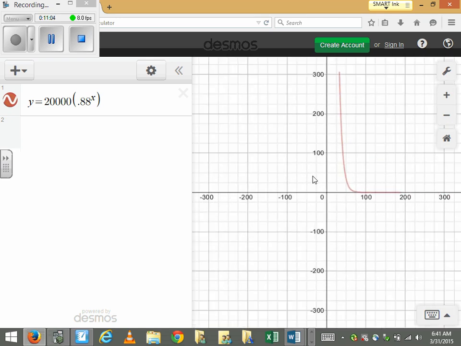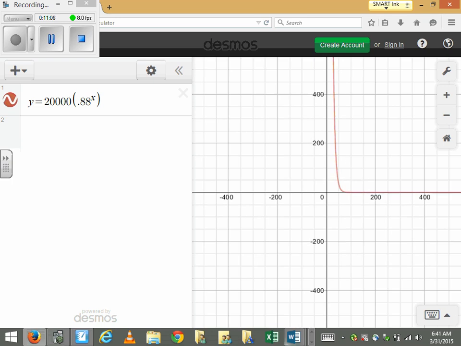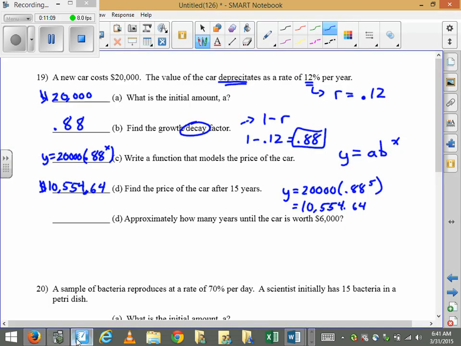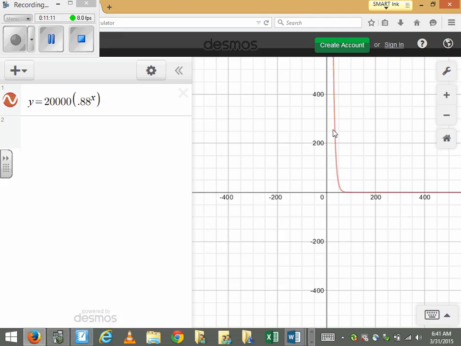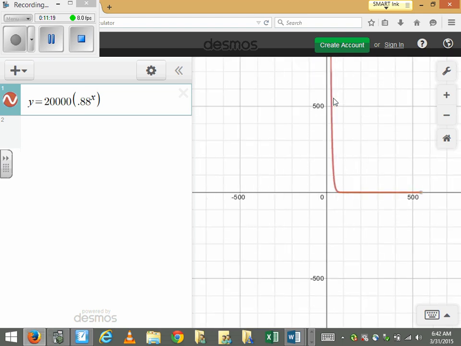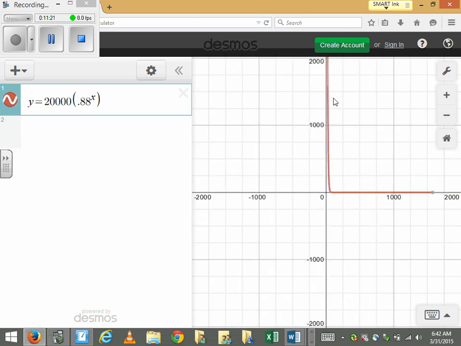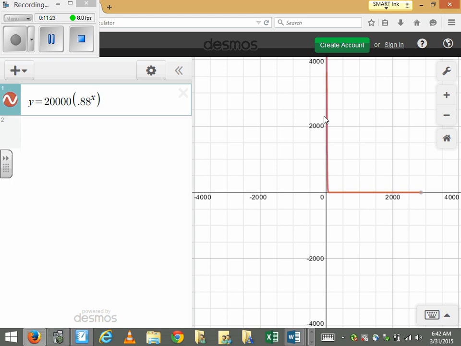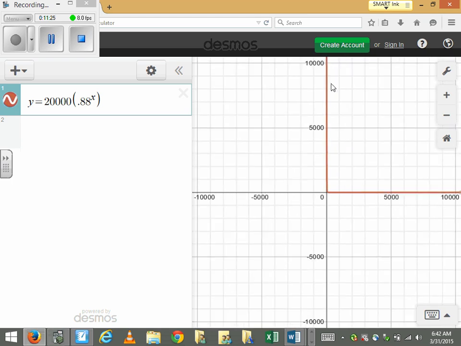And the question that we're being asked, how long until it's worth 6,000? So that's where we put a point on here. You can see the value of the car are the y's. And so we're going to have to keep going out until we see, all right, now we got 6,000 happening.